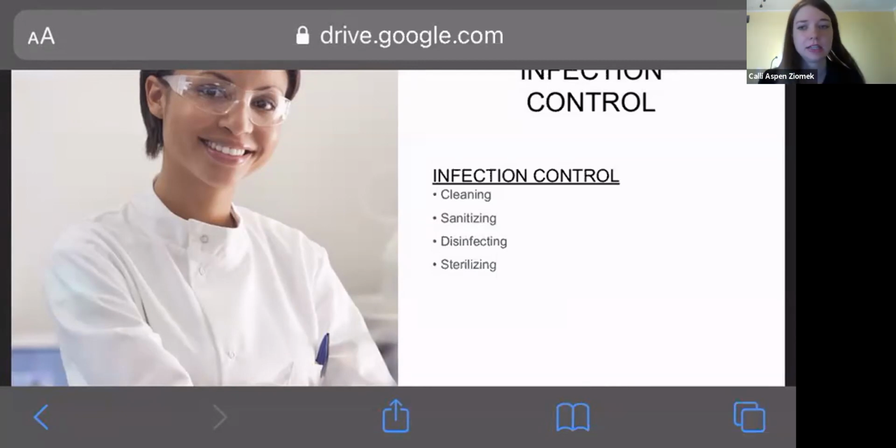Cleaning gets rid of the physical debris, like when I can see that there is dirt on those tweezers, dandruff or dust, those types of things that may cause germs. It also removes a very minimal amount of invisible debris that can interfere with your disinfection, but mainly cleaning is for visible debris.